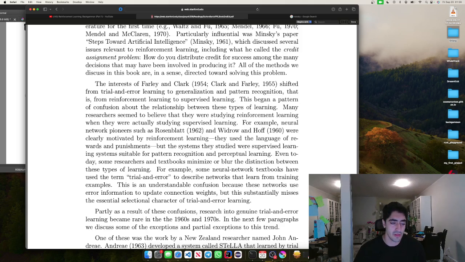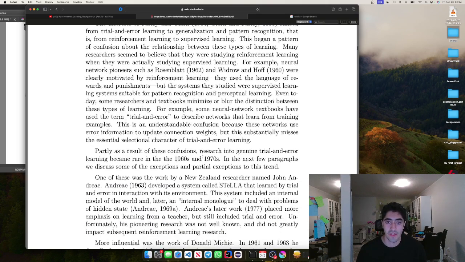For example, neural network pioneers such as Rosenblatt and Widrow and Hoff were clearly motivated by reinforcement learning. They used the language of rewards and punishments, but the systems they studied were supervised learning systems suitable for pattern recognition and perceptual learning.